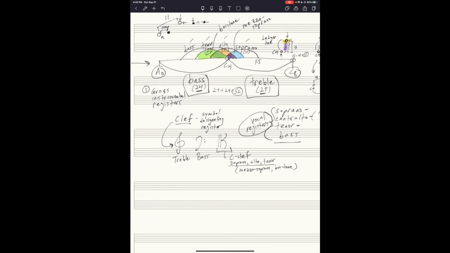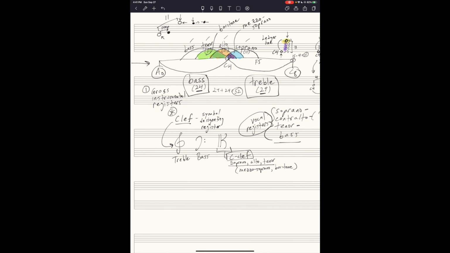But this brings me back to my definition of clef. Remember that I started saying that it's a symbol designating register and I trailed off because I told you that the second part of the definition was coming up. Here's the second part of the definition because I ended up saying C clef. C clef refers to a reference pitch.